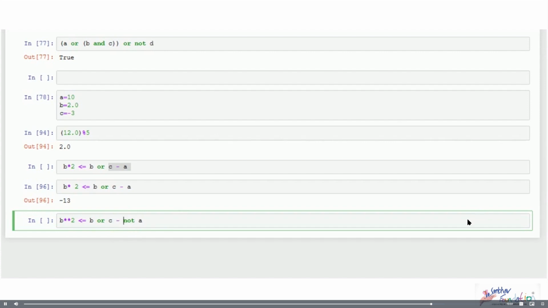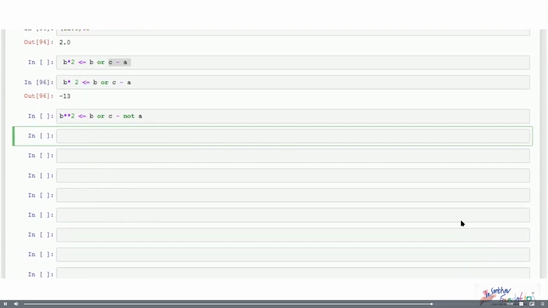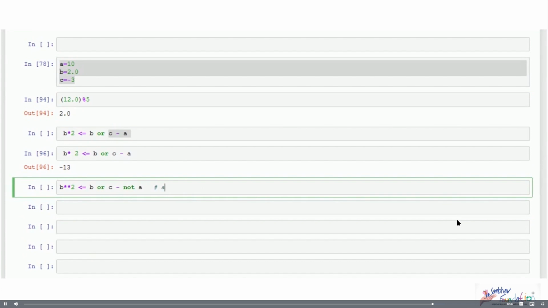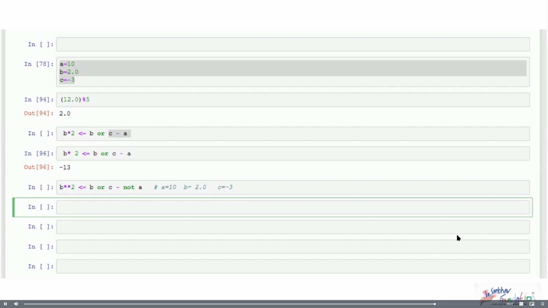So first exponentiation is done. b is 2.0, so b power 2 is 2.0 power 2, that is 4.0, less than or equal to b, which is 2.0, or c is minus 3, and then we have minus not a, so a is again 10.